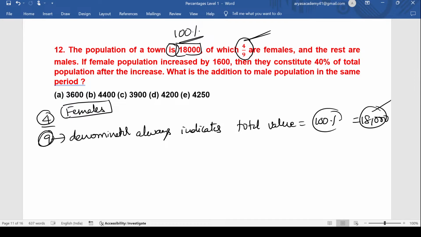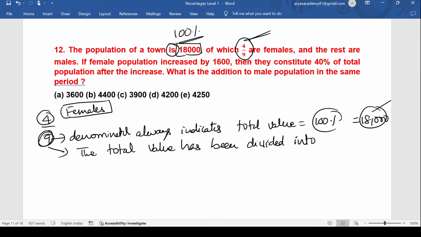And the denominator also states another fact. The total value, in this case 18,000, maybe in the next problem it might be 24,000 or 30,000 or 1 lakh, whatever the value may be, the total value has been divided into 9. How many equal parts? 9 equal parts.